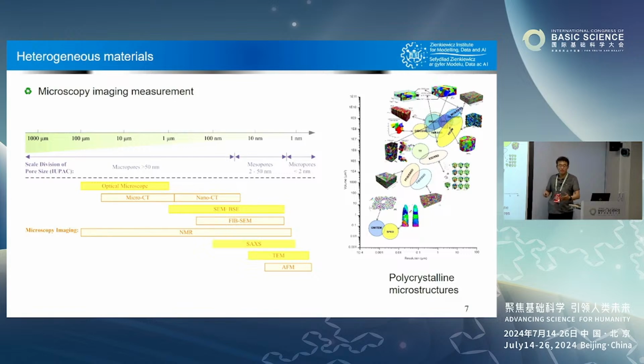That's no longer a technical hurdle. This image simply shows an example of so-called polycrystal structures, and these are all what micro materials look like.